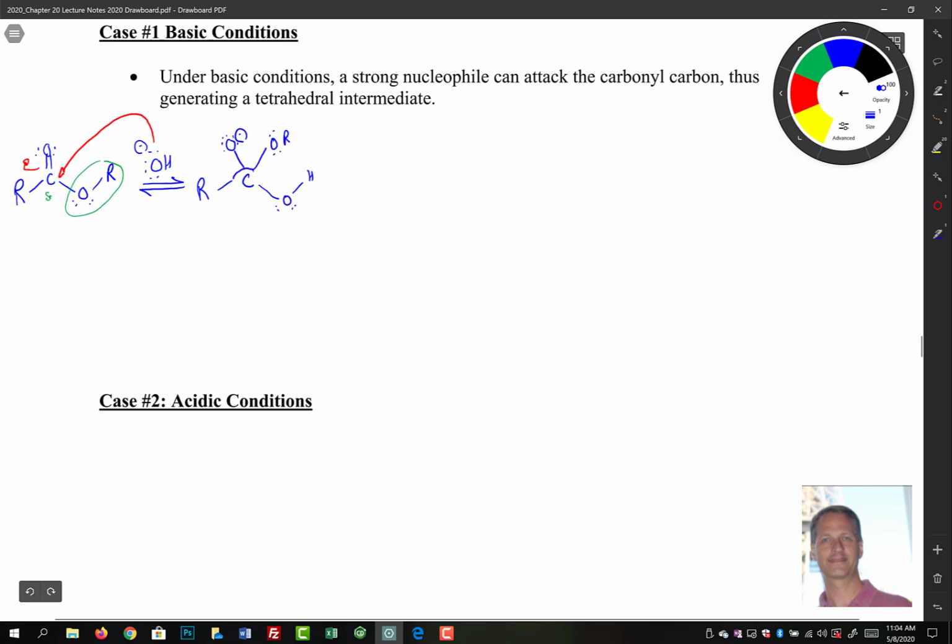Right? So what happens here is this structure will continue to react, but this is called a tetrahedral intermediate.